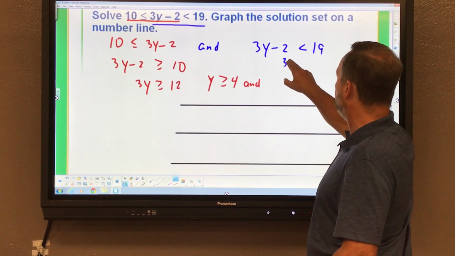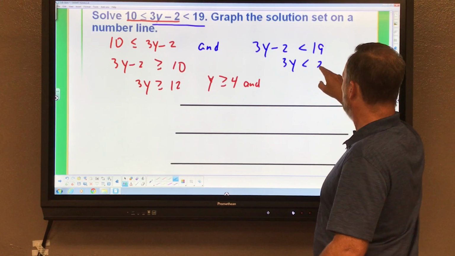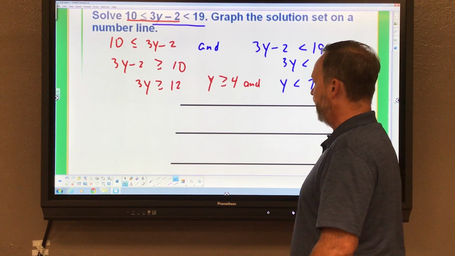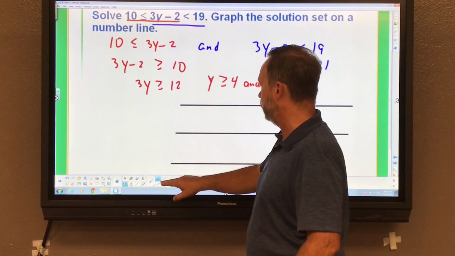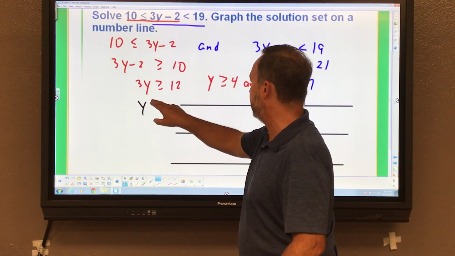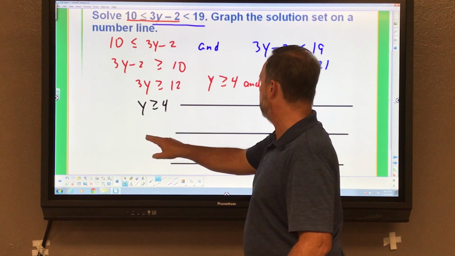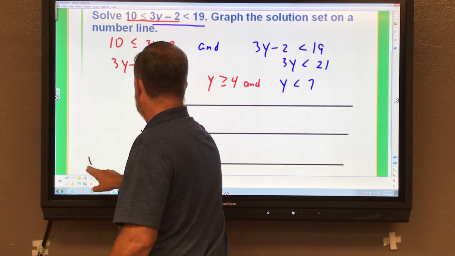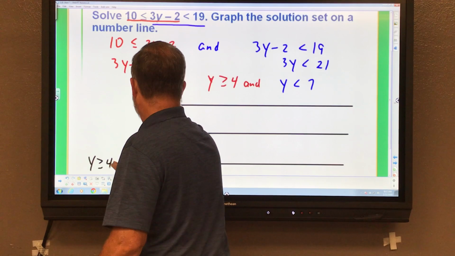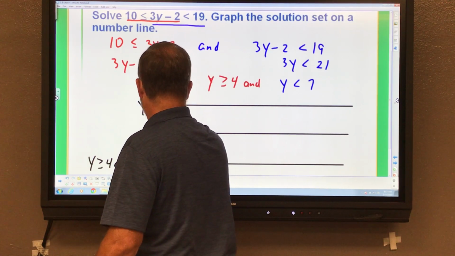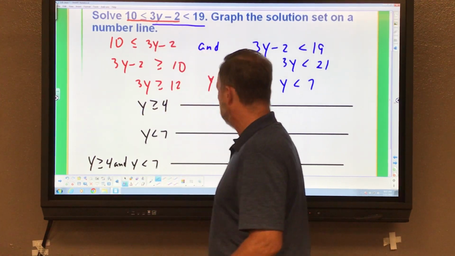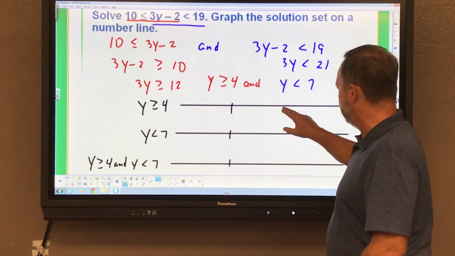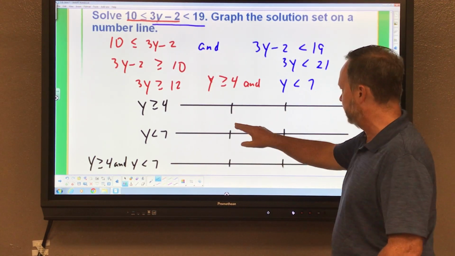And here, I have 3y, throw my 2 over, 21, so y is less than 7. So that's what I'm working with. So the first part is y is greater than or equal to 4. Second part is y is less than 7. And then the whole thing is that. So my two important numbers are 4 and 7.